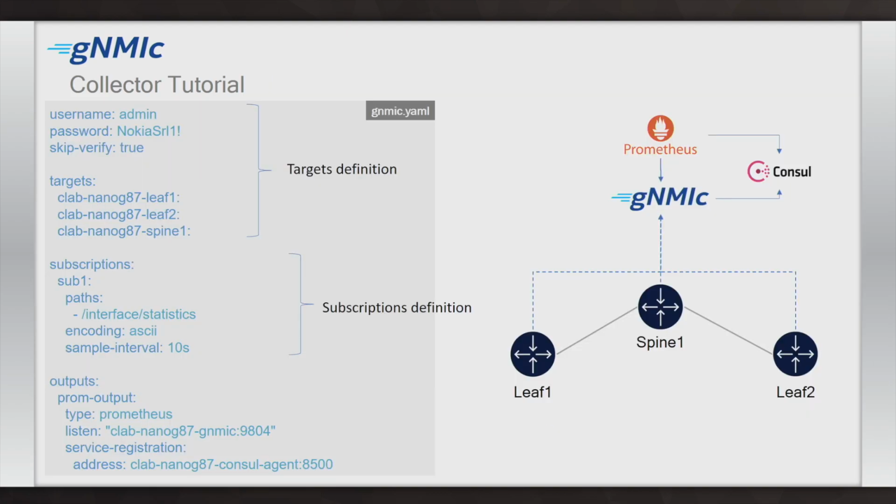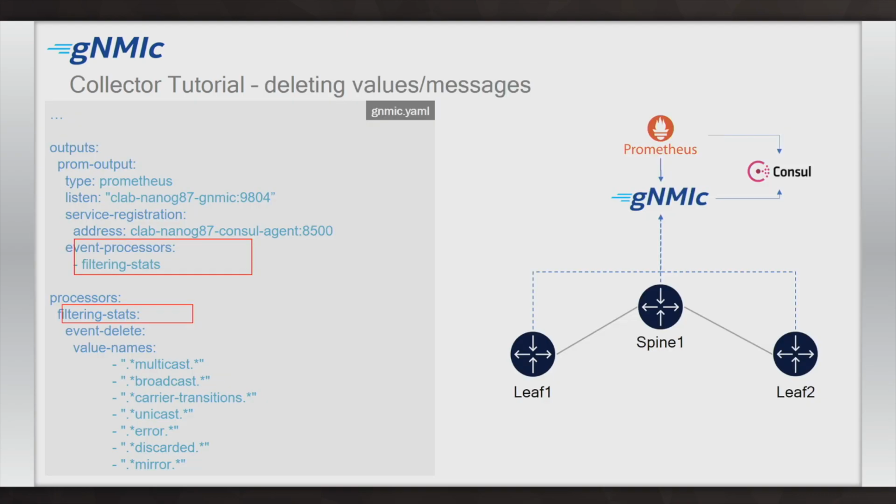If you look at the subscription path, it's interface statistics, meaning give me all the counters, all the interfaces. But in the CLI, in the curl request or the promtool command, we saw only in and out octets. So those were filtered out by the processor. Any value with a name that matches any of those regular expressions there will be deleted or filtered out.